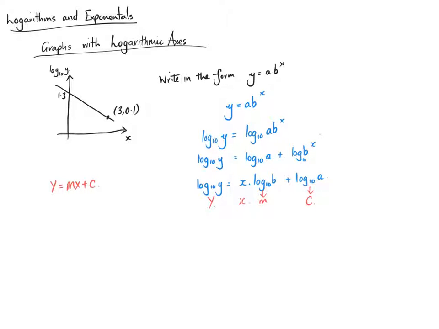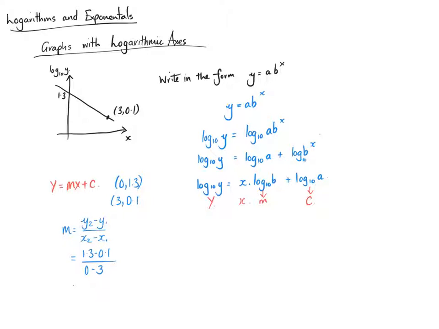Okay, so going from our gradient first, we're going to find the gradient using the formula y2 minus y1 over x2 minus x1. With our points, we have 0, 1.3, and we've got 3, 0.1. So on the top we're going to have 1.3 minus 0.1, and on the bottom we're going to have 0 minus 3.